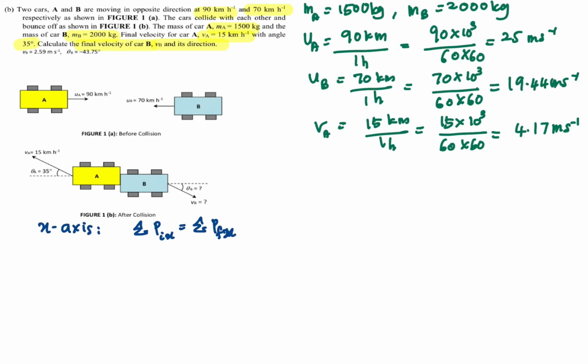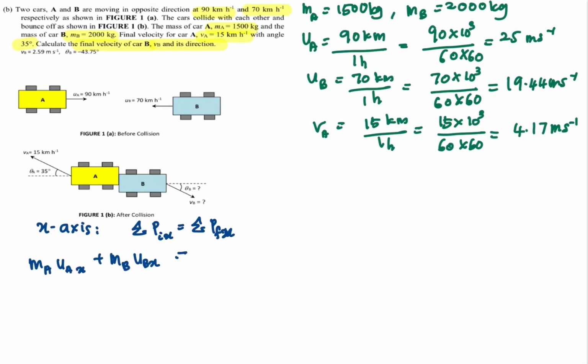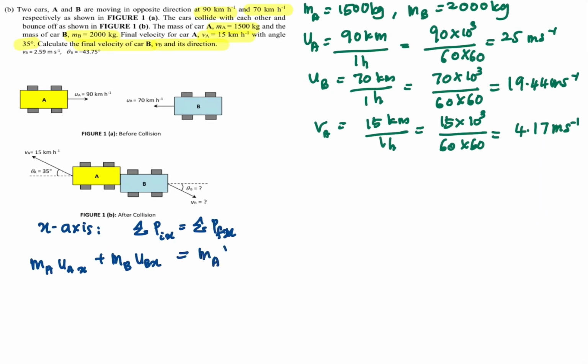So you have m_a u_a x plus m_b u_b x equal to m_a v_a x plus m_b v_b x.